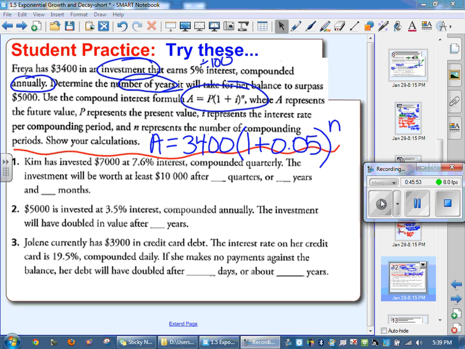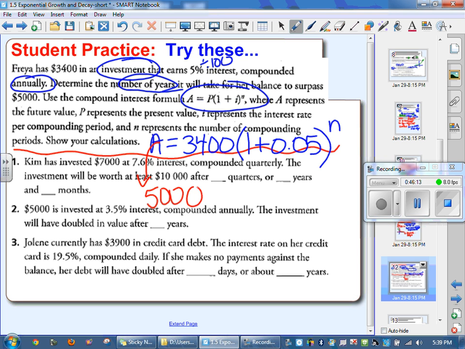So we could put this into our calculator. We could put in 5,000 into Y2. Into Y1, we put our other equation. Again, n you must change to x in the calculator. Put that into Y1, Y2, and do an intersect. Solve for x. Push pause now and play when you're ready.